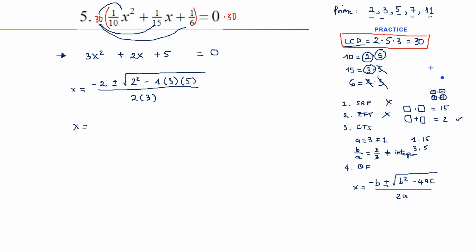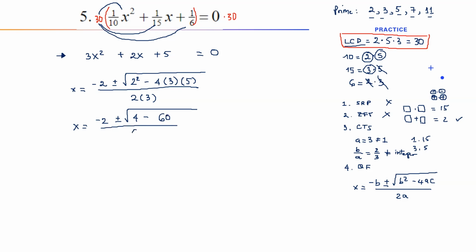Now we have to simplify it. Minus 2, copy it down. Square root of 4, 2 squared is 4, minus 4 times 3 times 5. The easiest way to do the product of 4 times 3 times 5 is multiply 4 and 5 first. So 4 times 5 is 20, times 3 is 60.